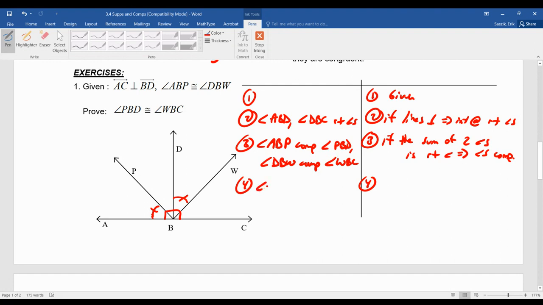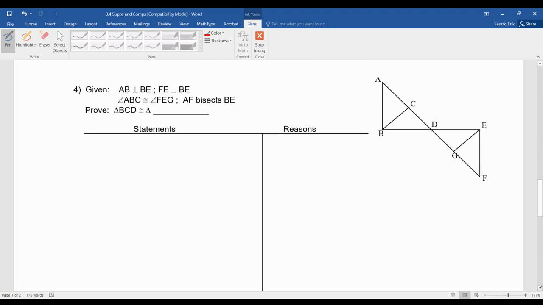So we can conclude here. Angle PBD is congruent to angle WBC if angles comp to congruent angles, then congruent. And again, that's gold number 17B for reference. Not too bad, I hope. So there's a couple proofs on the back.